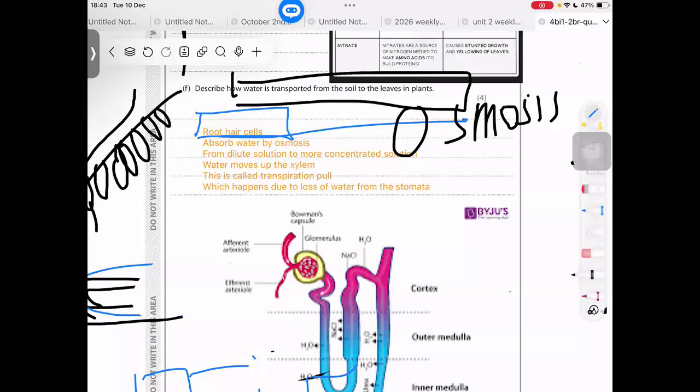So you need to mention it absorbs water by osmosis. There is not much of a big difference between osmosis and diffusion. Diffusion is just the movement of any type of molecules. Osmosis is specifically the movement of water molecules from a region of high concentration to a region of low concentration.